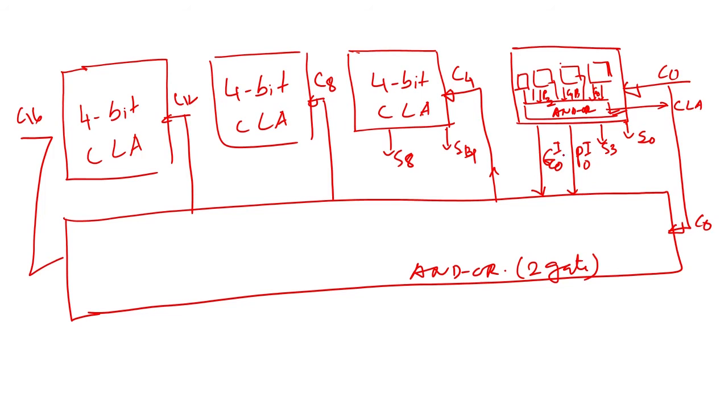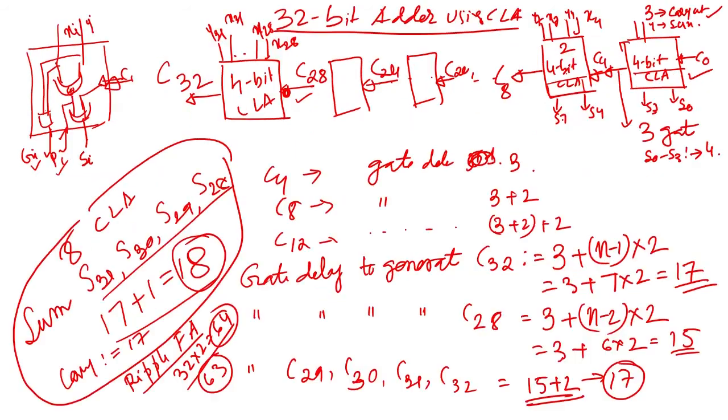Now, you need to analyze what will be the gate delay for generating G0 I, P0 I. Here we know G0, P0, and at this point it will take 1 gate delay, because this is the basic circuit, that is GIPI.